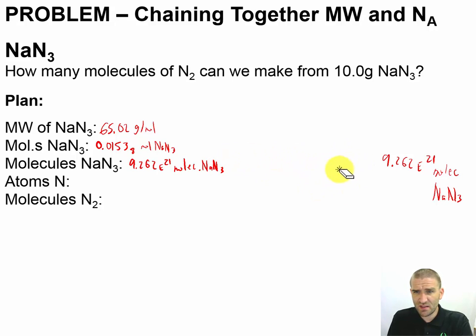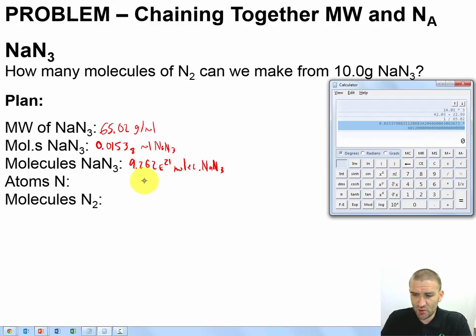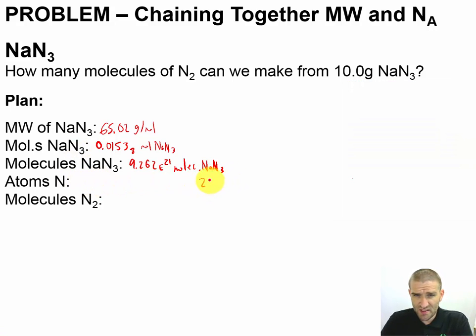Next up, we got to get into atoms of nitrogen. Well, how many nitrogens do I have? I've got 3 in each of these. So if I multiply it by 3, I'll know how many atoms I've got. I'm going to do this the easy way. I'm going to do 9.262 times 3. I'm going to write it dirty, and then I'm going to write it clean. 27.786 times 10 to the 21. I'm going to move it over one place, so it'll be times 10 to the 22.